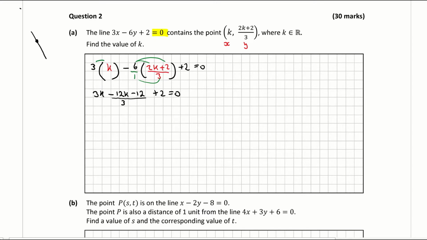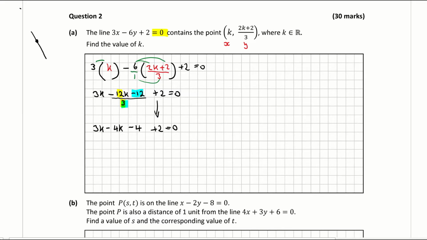Now I can divide that 3. That 3 will divide into the 12 four times, so I have 3k minus 4k, and the 3 will divide into this minus 12 four times. That's making it a bit easier for me. Then I put in my plus 2 again, so plus 2 is equal to 0. Then I group them.